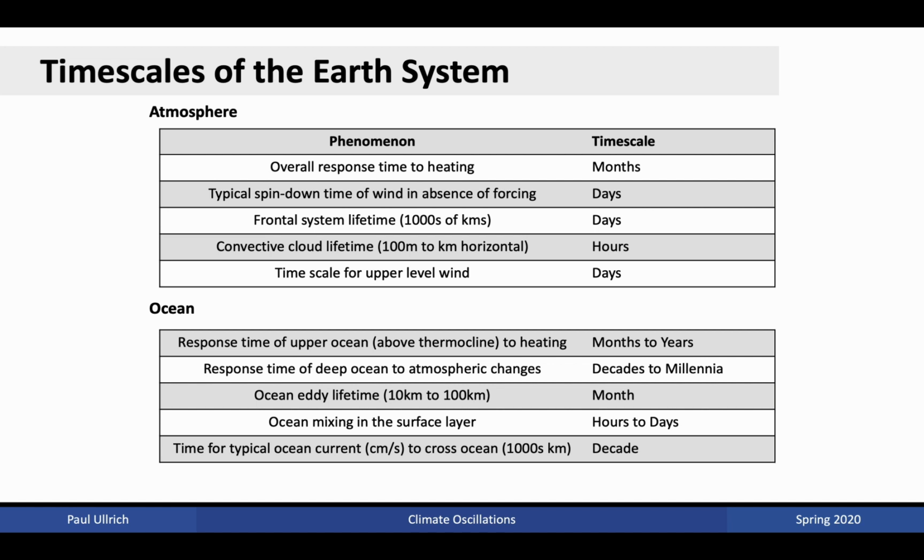The frontal system lifetime, that is, these large-scale systems that propagate through the mid-latitudes, typically also have timescales of days associated with them. The convective cloud lifetime, which is typically on spatial scales of 100 meters to kilometers, only has hours associated with it, whereas the timescale of the upper-level winds is more on the order of days.